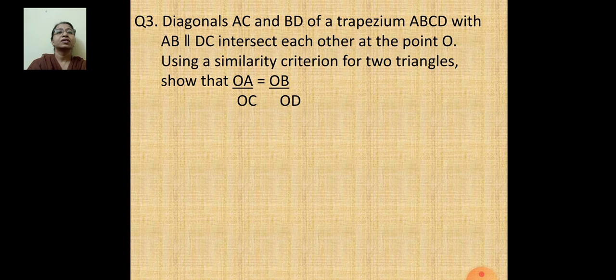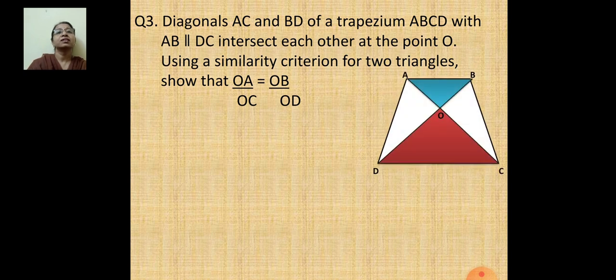Next, the diagram is given here. Diagonals AC and BD of a trapezium ABCD with AB parallel to CD intersect each other at point O. Using a similarity criteria for two triangles, show that OA upon OC is equal to OB upon OD.